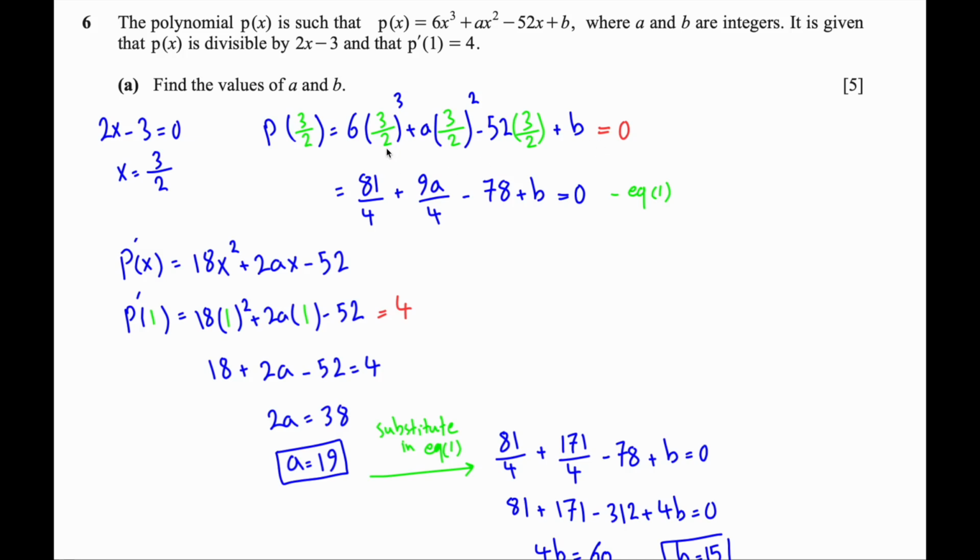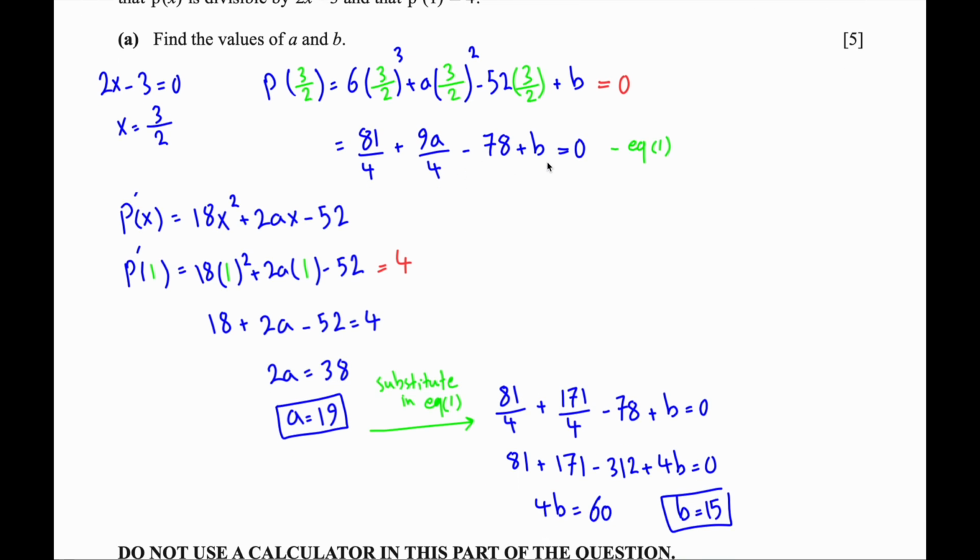And after tidying up, you get this, which I'm going to call equation number 1. And it shows a relation between A and B. So I need another equation in terms of A and B, which then I can form a simultaneous equation to solve for both values.